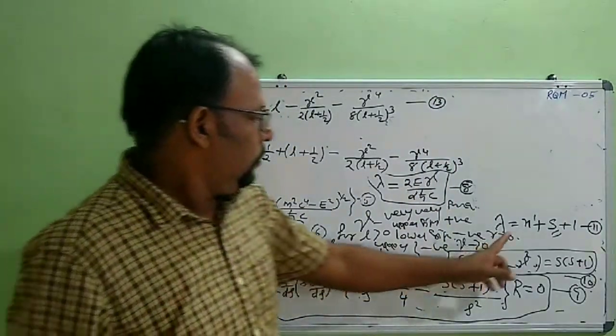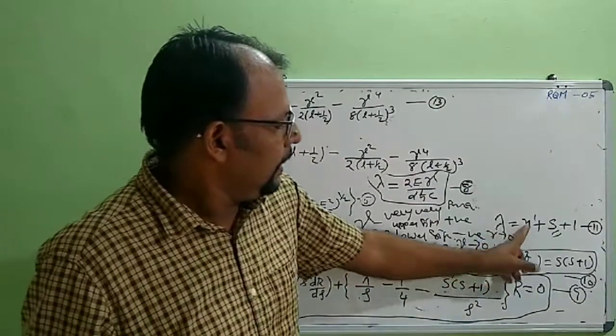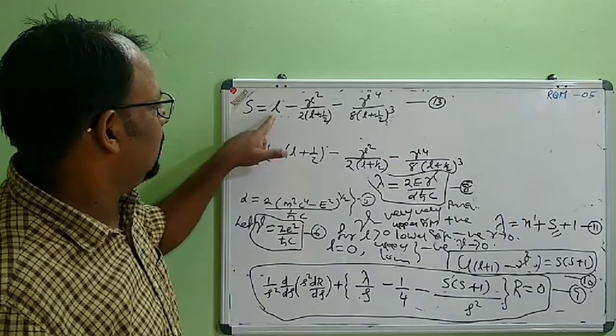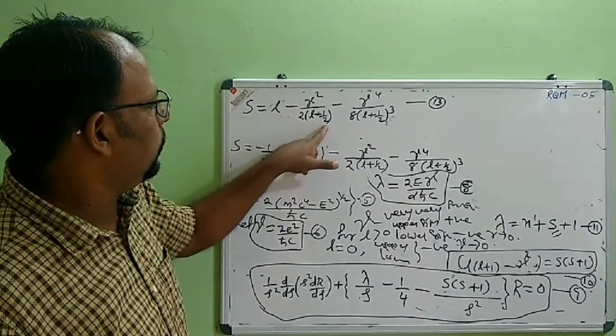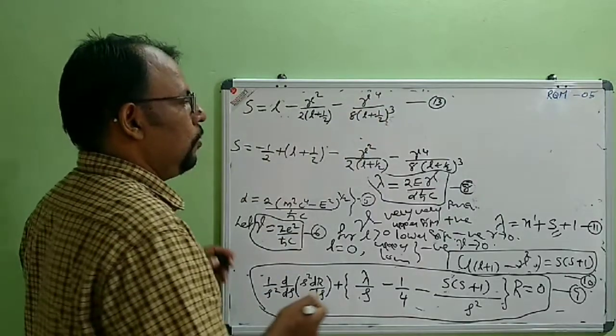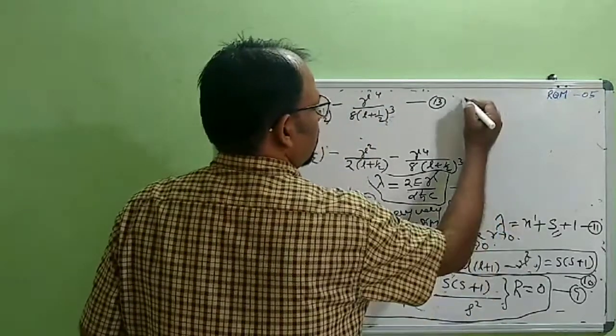Now, lambda is n dash plus S plus 1. We have found the value for S. S is L minus gamma square by 2 into (L plus half) minus gamma raised to 4 by 8 into (L plus half) the whole cube. Now substitute this value in equation 11.